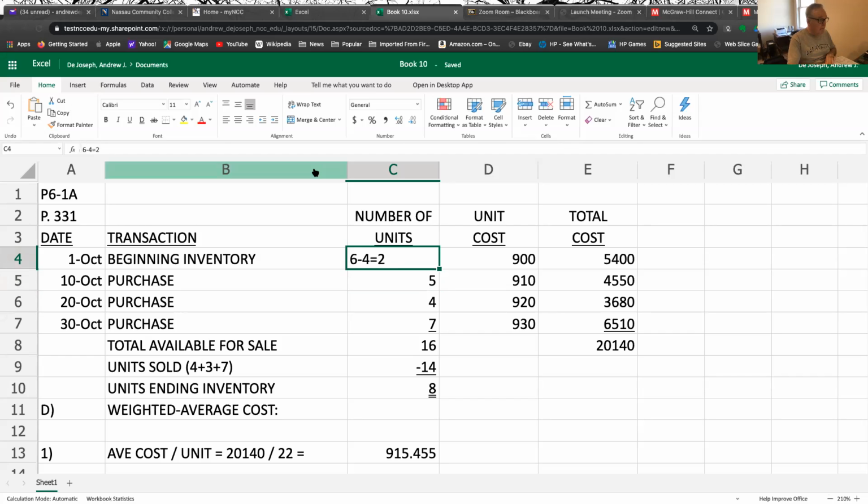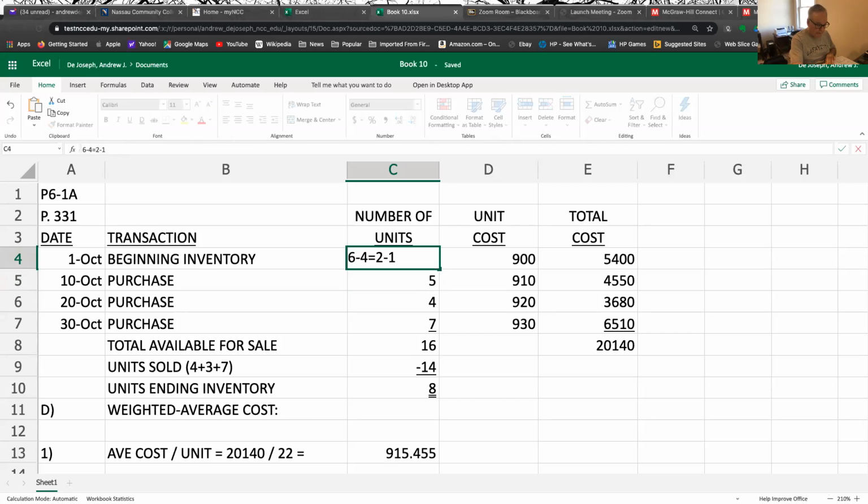So let's see. We have 1 left now, right? One purse from beginning inventory and two purses from the October 10th purchase. 5 minus 2 equals 3. We have 3 of these left.